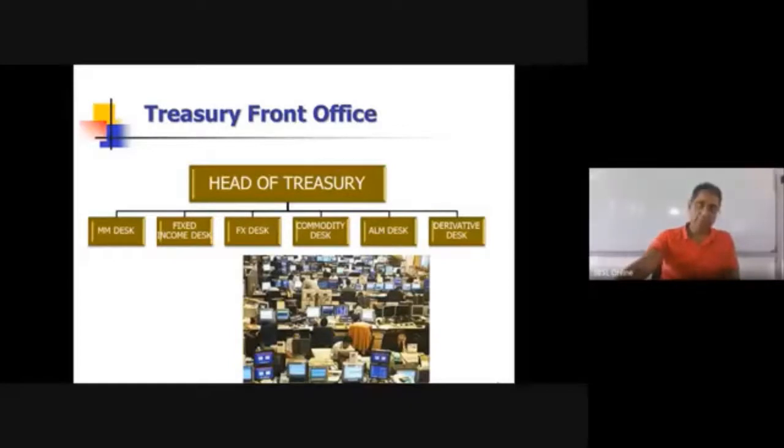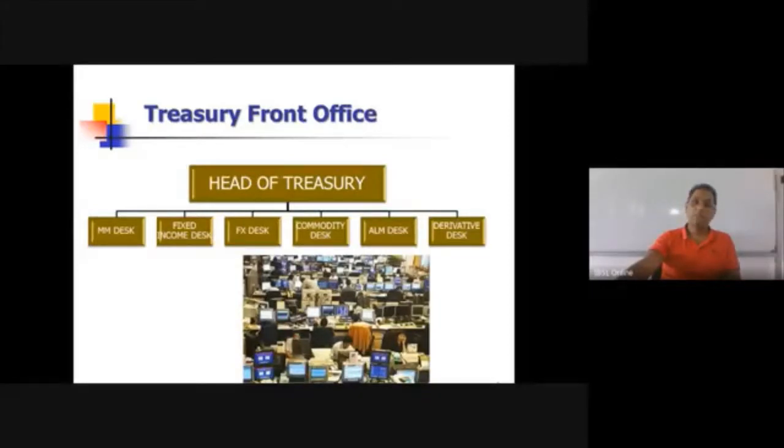For the head of Treasury, he has various desks, and this can change from bank to bank, depending on how big the country is, how big the organization is. So there's a money market desk that deals in money market products, a fixed income desk which deals in government securities, a corporate desk, and a foreign exchange desk dealing with clients and trading in foreign exchange.